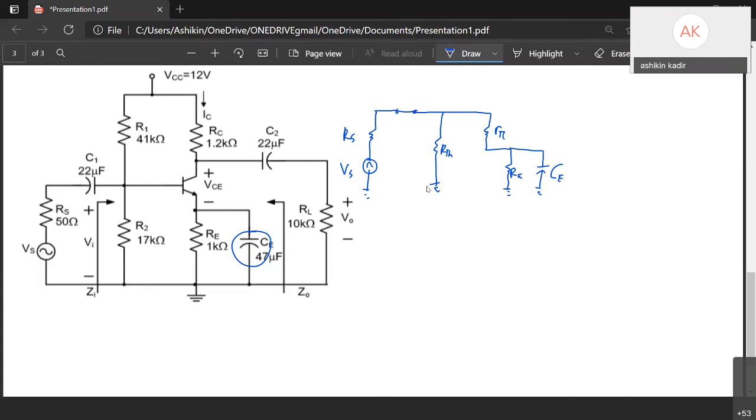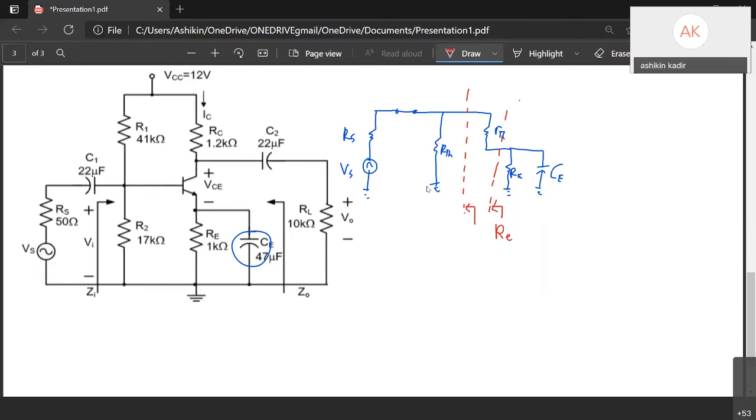First we need to find the equivalent resistance for R pi. So here is RE.